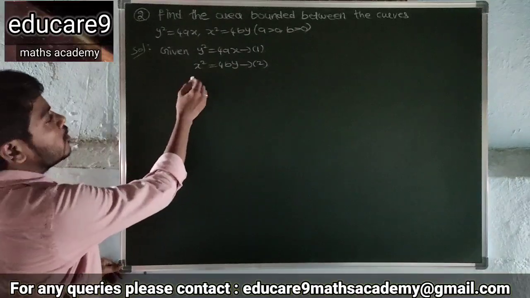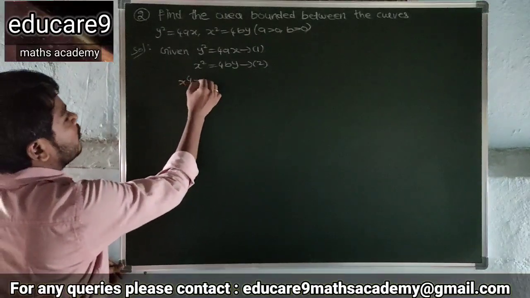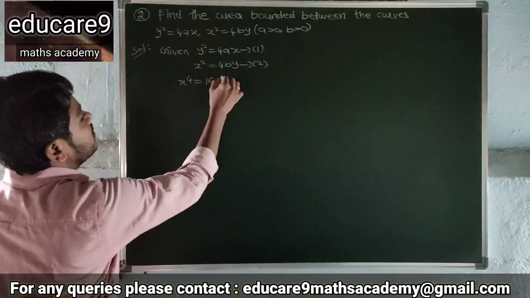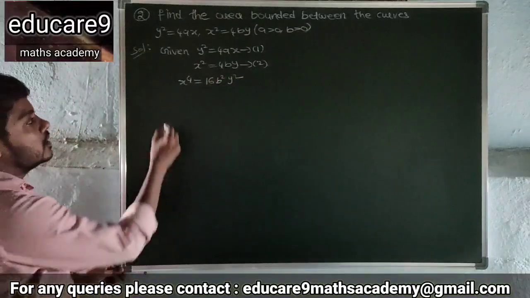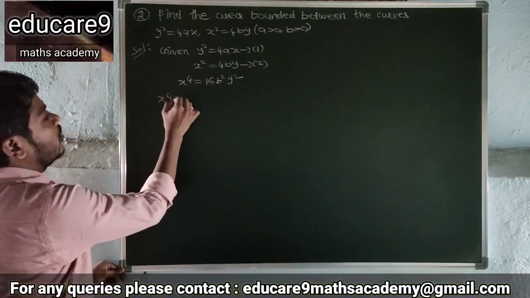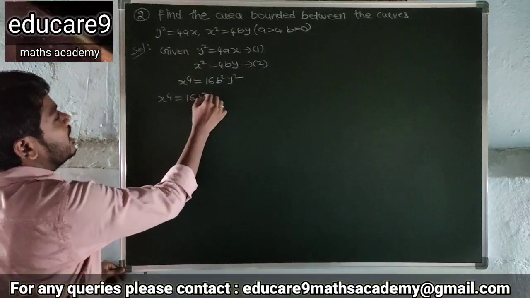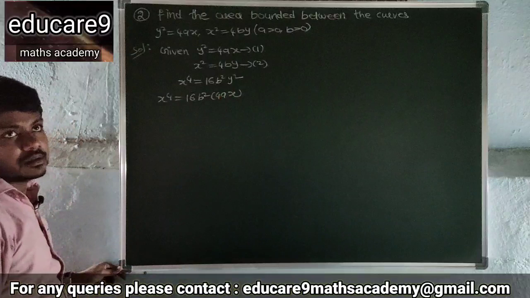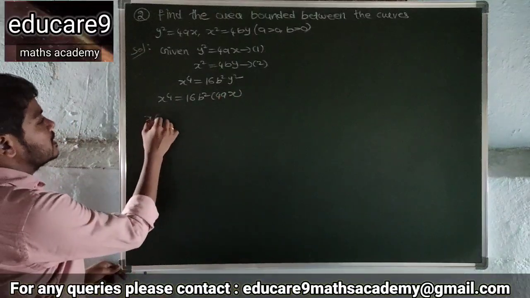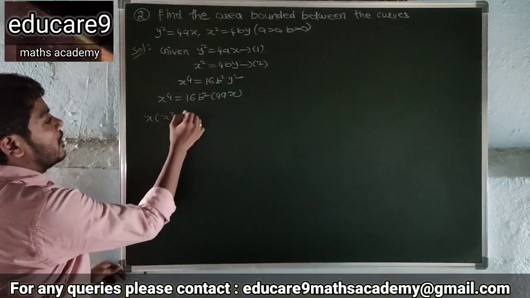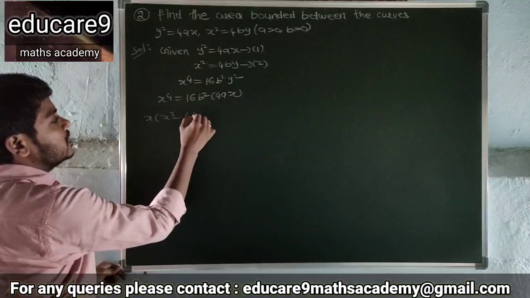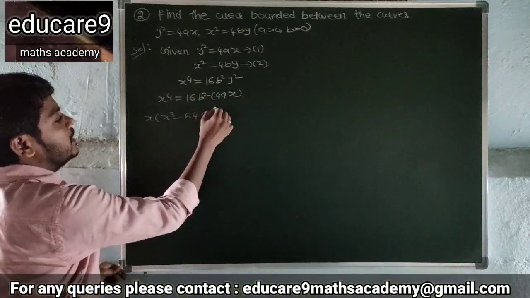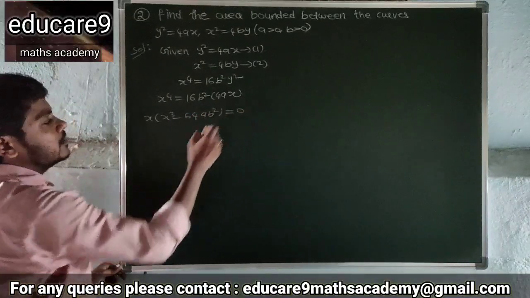Now squaring on both sides, you will get x to the power of 4 is equal to 16b square y square. Now y square value is 4ax. Here x is common, you will get x cube minus 16 into 4, 64ab square is equal to 0.